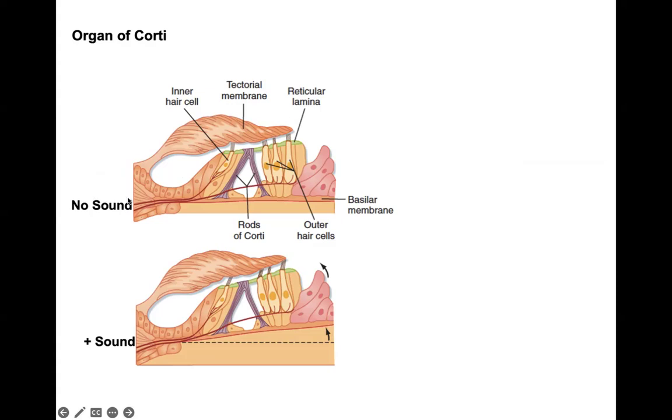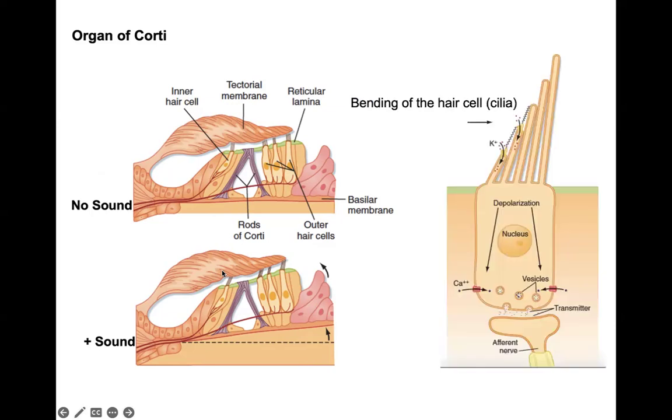So with no sound, the hair is attached to the basilar membrane, and the hair is attached to the tectorial membrane right here, right? But then when the basilar membrane moves, see, the hairs bend, right? These cilia bend, okay?